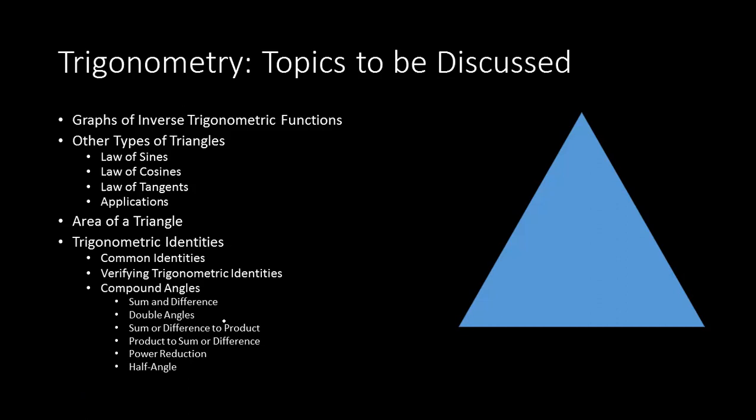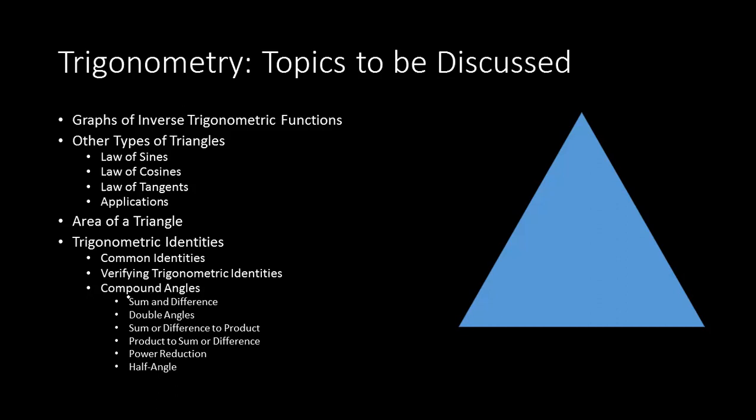So here we will learn about the important formulas that you're going to need in this topic. So we have the common identities or the common formulas that you need to memorize and familiarize. Then you have to know how to verify the trigonometric identities.